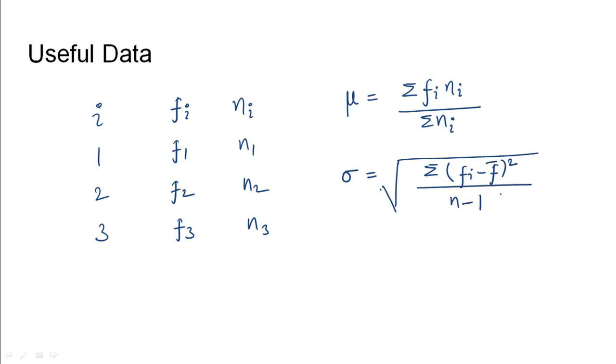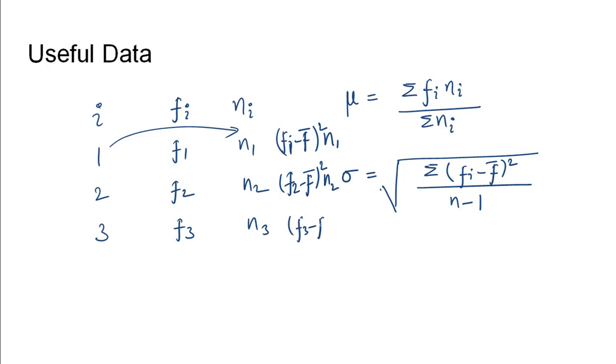But here, since we have separate categories of certain number, we will find Fi minus F bar, square it, and then multiply it with N1. Similarly we will do for the second category, that is F2 minus F bar square into N2, and F3 minus F bar square into N3.